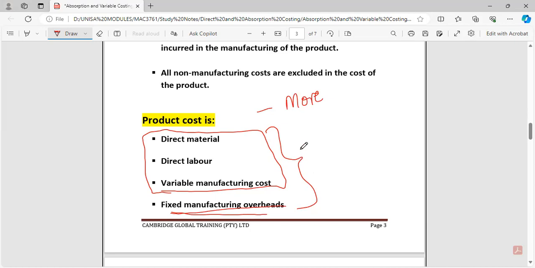Remember I said, even when you are using the direct costing system, you should understand the manufacturing cost of the product. These are the ones that we focus on when we do our inventory valuation.